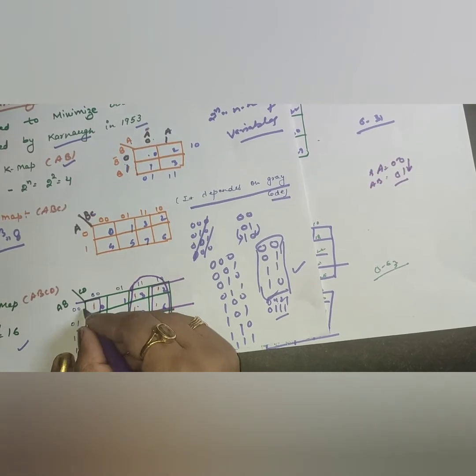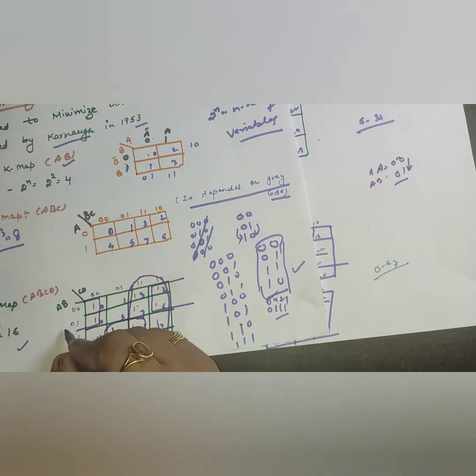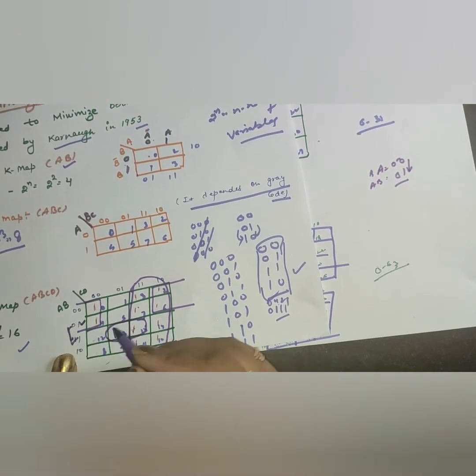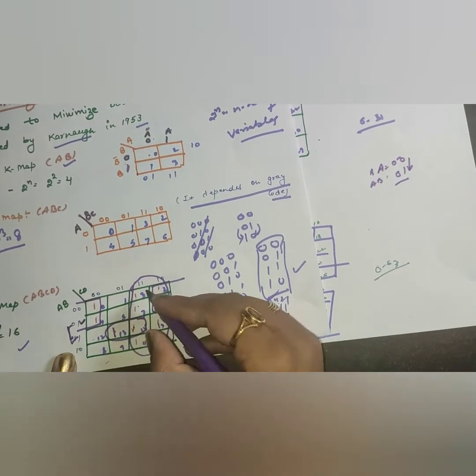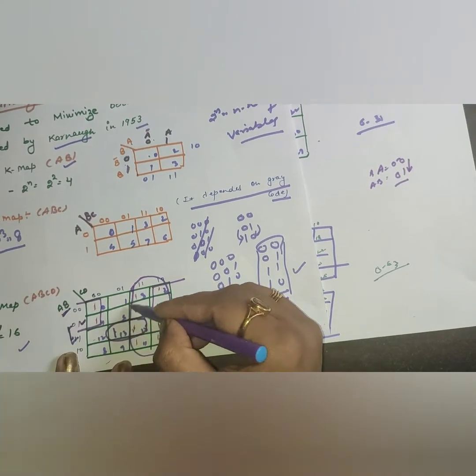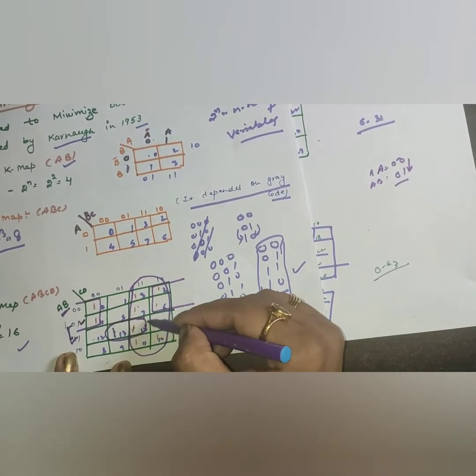So we can eliminate the B from this to this. Now you can check from this to this, A is eliminated, B is eliminated further. Only AB we are talking about because vertical position for AB. So AB is eliminated.